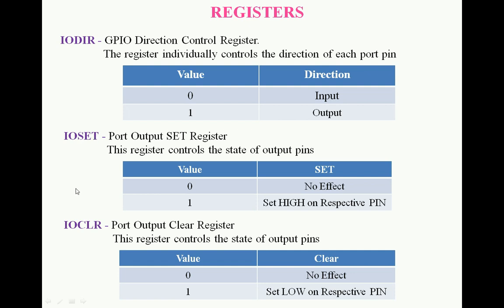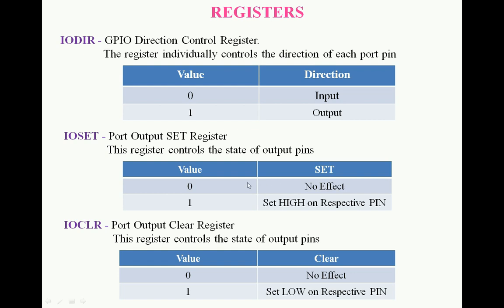Suppose you want to send a low signal, that is 0, to the pins, we can use IO clear. So IO set 0 indicates port 0, where we are setting the pins high. If IO set 0 is stored with all ones, then we are sending high to the respective pins. If IO set contains all zeros, then no effect is there.